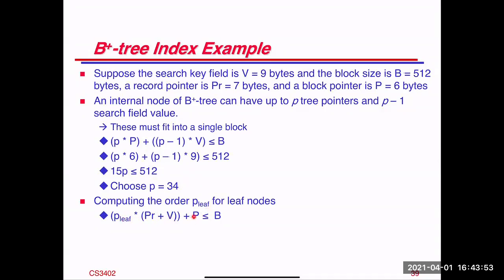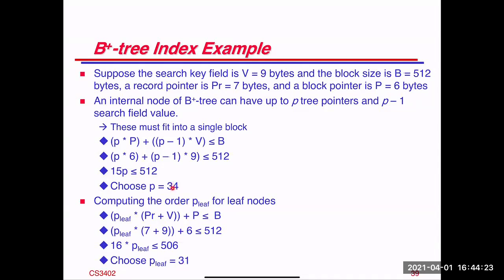And then at the end of the leaf node, we have this P next, a block pointer to the next leaf. And the sum of these two needs to be, again, at most the block size. Now plugging in the values for PR, V, and P, we can compute that P leaf is at most this, and therefore we can choose P leaf to be 31.